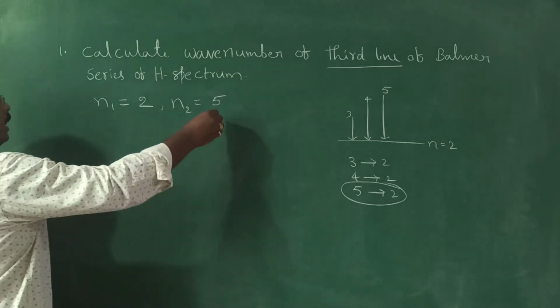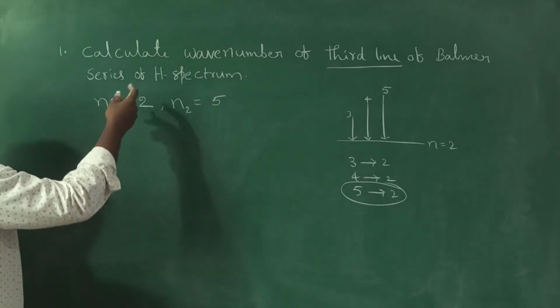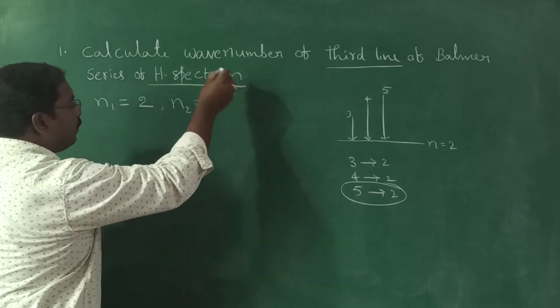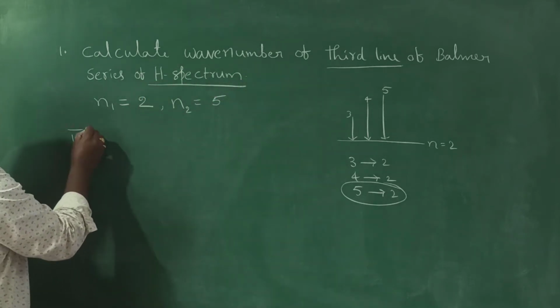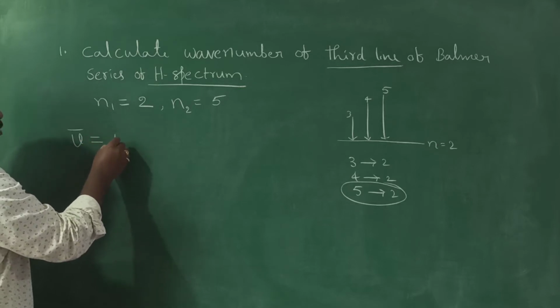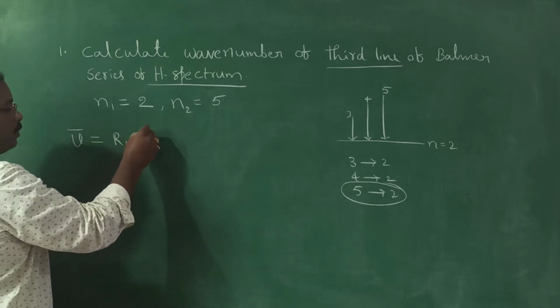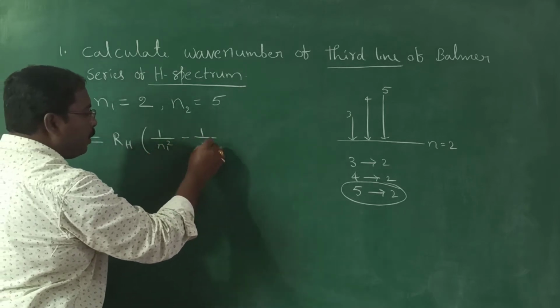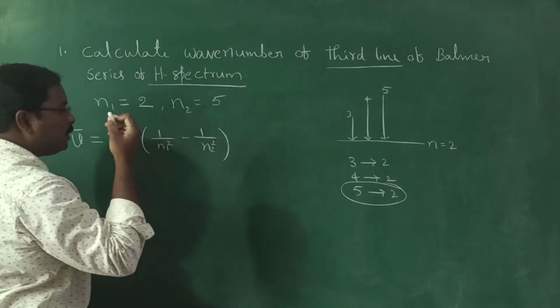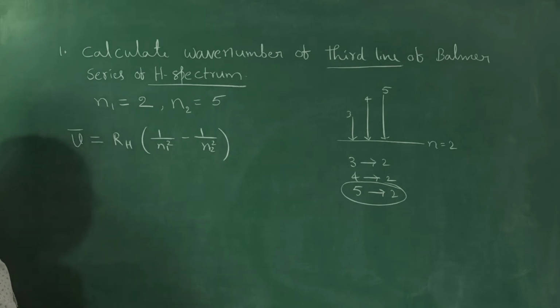And we know atomic number is 1. Anyway, they mentioned hydrogen spectrum. So in case of hydrogen spectrum, directly I am writing the formula. Nu bar is equals to RH into 1 by N1 square minus 1 by N2 square. This is our formula. Okay?